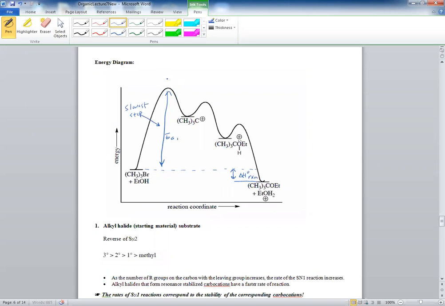Now, I'm not going to be too overly concerned with the transition states. I'm going to just draw the first one. I'm not going to ask you to draw all of them. Just be able to draw at least the first one. The mechanism you have to be able to draw, but for the first one, it's simply, again, the breaking of the Br CH3 bond, the C bond.